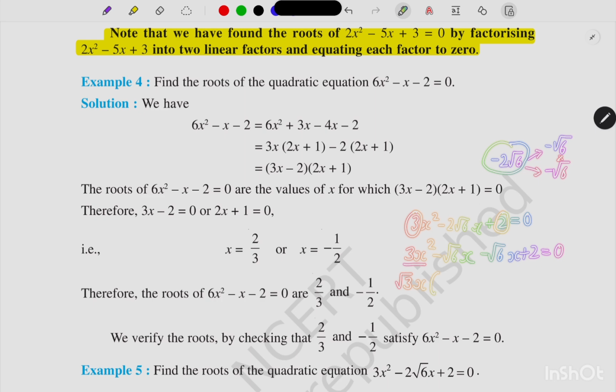Therefore taking out root 3x will give you root 3 inside and an x here. And then if you take out root 3 from minus root 6x, you will have minus root 2. Why? Because root 6 is root 3 multiplied by root 2. Taking out root 3, you will get this one.